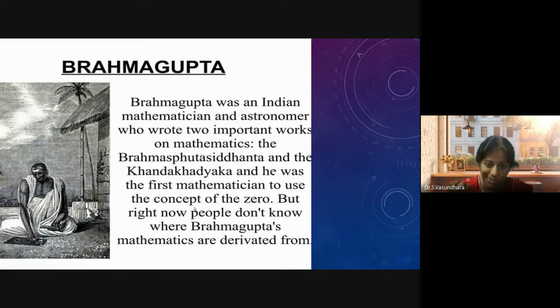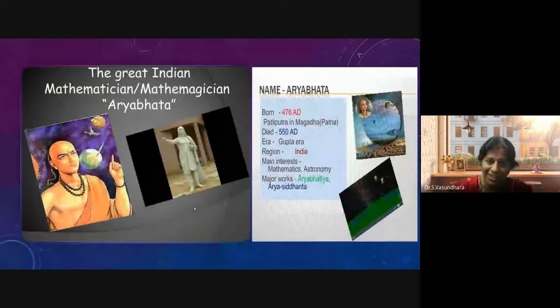But now people don't know who Brahmagupta is, or what mathematics he derived. We have another famous mathematician, Aryabhatta. He is the presenter of the differential equations of the sine function, its infinite difference form, and a method for solving linear indeterminate equations.